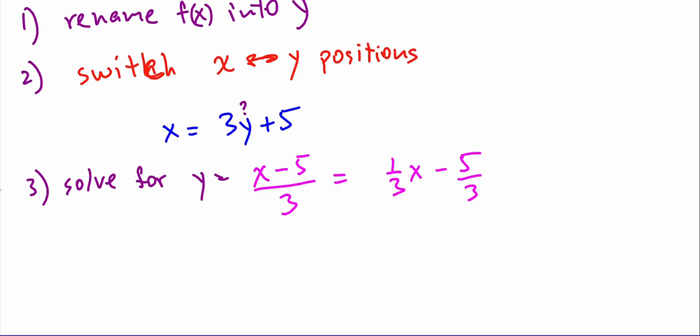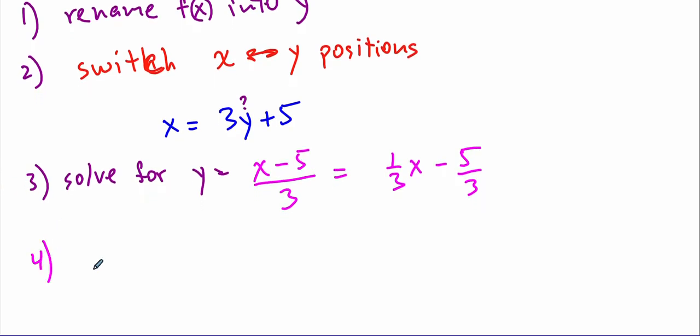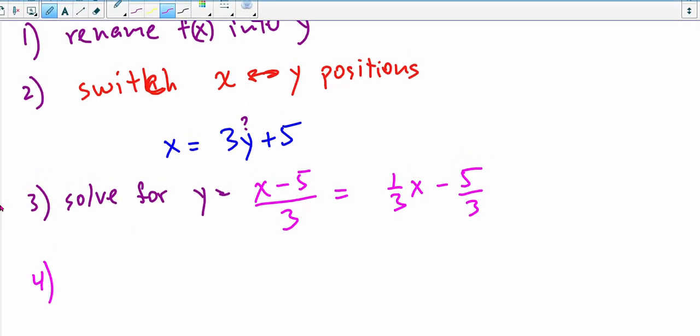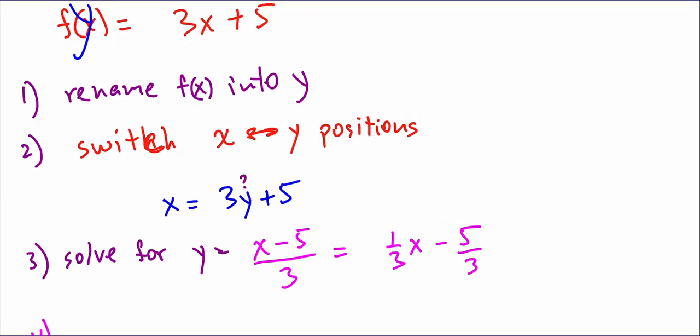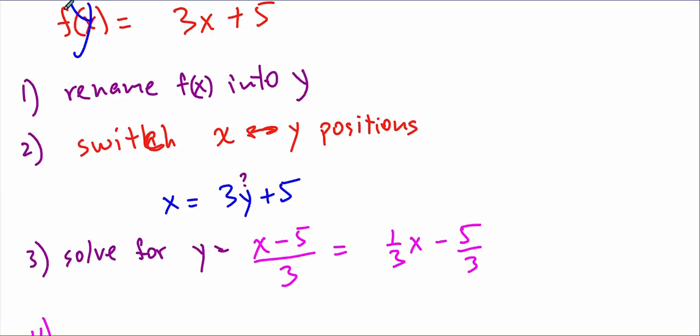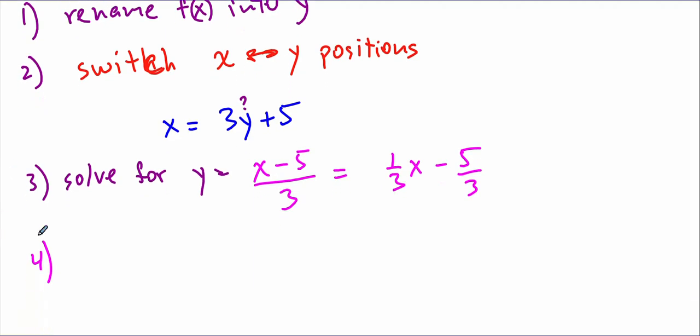So the only thing I want to do here, number 4, is rename it back, because this y was temporary, just for convenience sake. We're going to rename the y back into the original letter, which is f, but we can't really call it f of x equals 1/3 x minus 5 over 3, or this version.